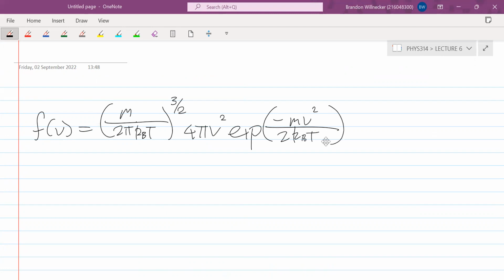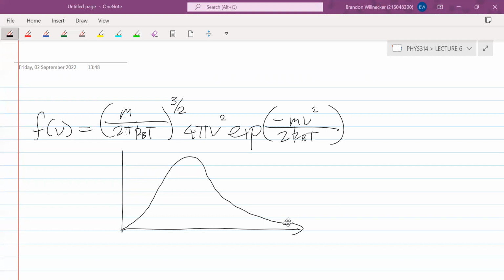Okay, and in the last lecture, I showed you what this looks like. For some fixed mass and temperature, it's going to be something like that. Some function like that. We want to find the most probable velocity. So at fixed mass and temperature, that's going to be where the gradient is 0.